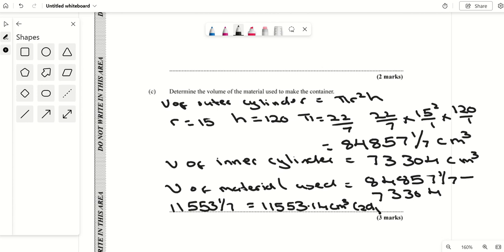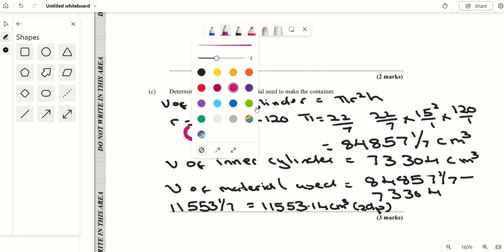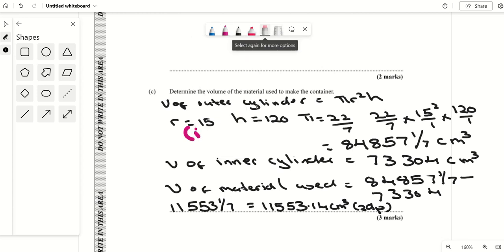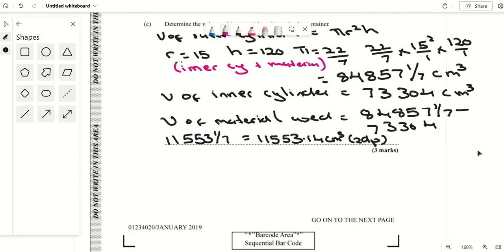And that would be your answer for part C. Just a quick note: the volume of the outer cylinder is the combination of your inner cylinder and the material. So that is your answer for part C.